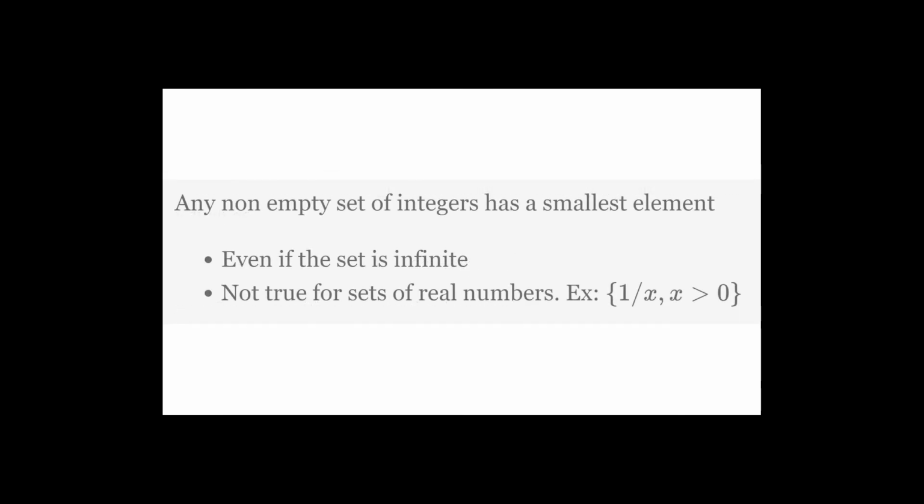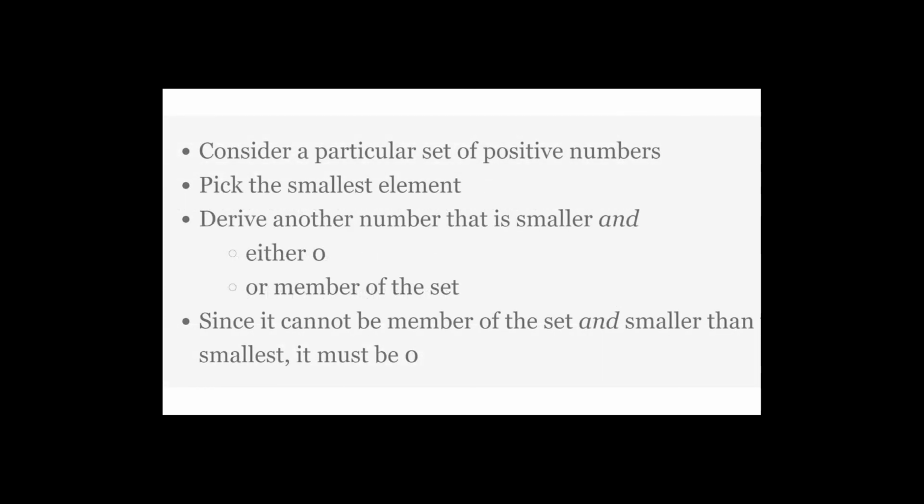And a set like that has a smallest element. This is pretty intuitive. Then you pick that smallest element, and you calculate something that you are going to find is also an element of that set. And since that element is lower than the smallest, it cannot be. You get to a contradiction, right?